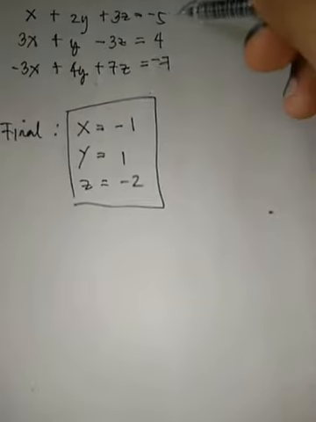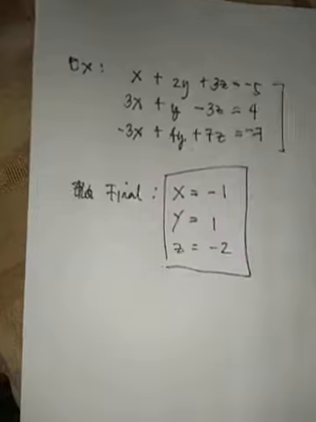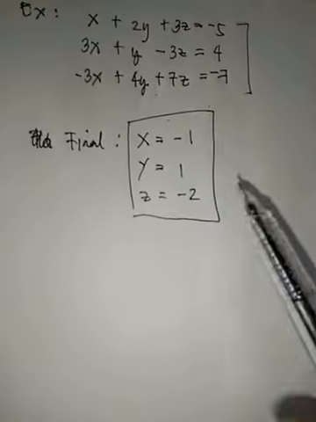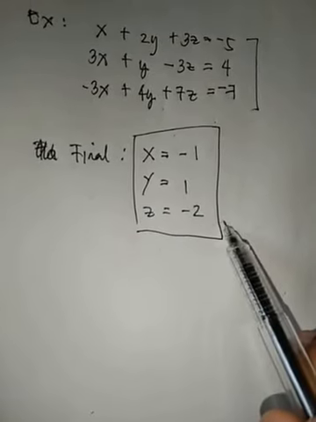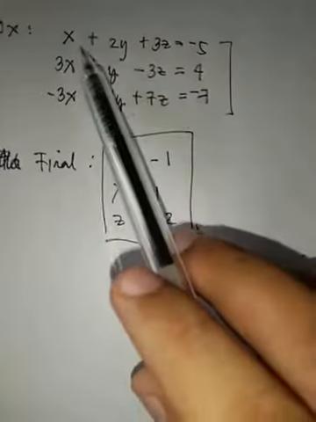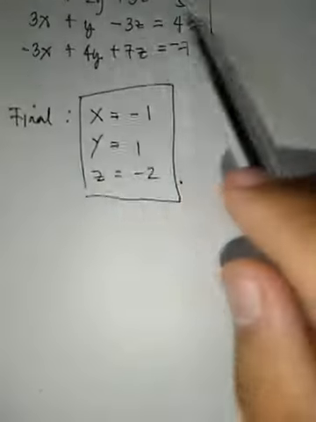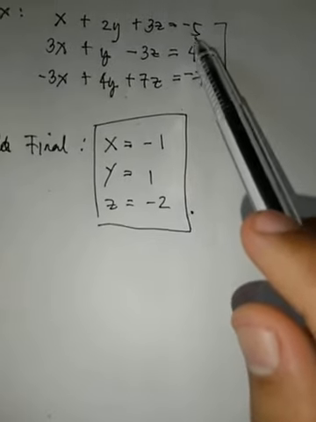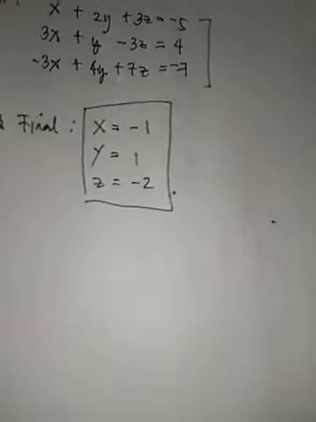If we have the 3 simultaneous equations, this should be the result. Even if we substitute, most likely we will get these values.